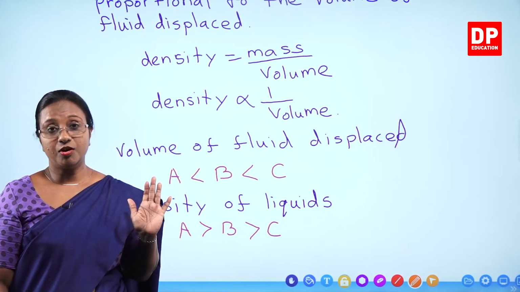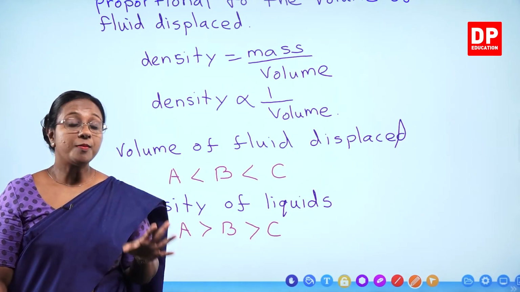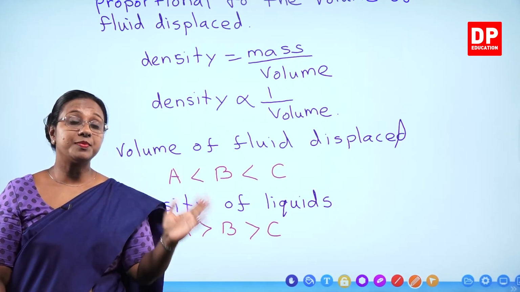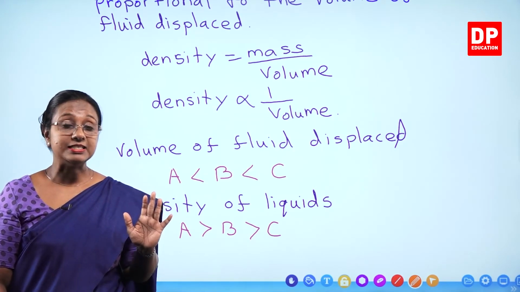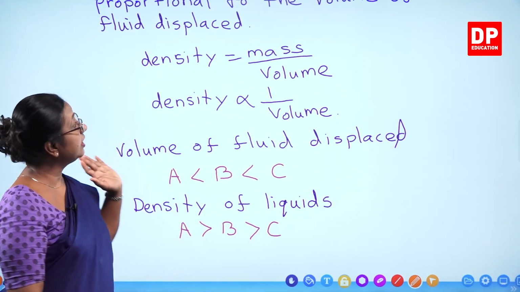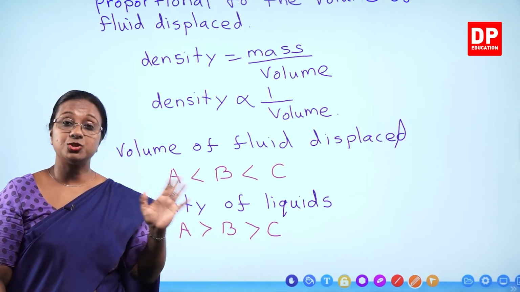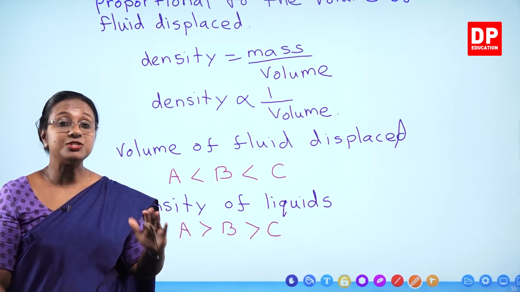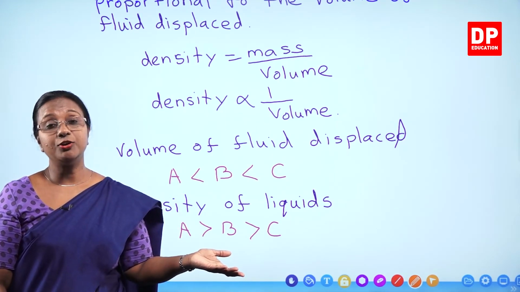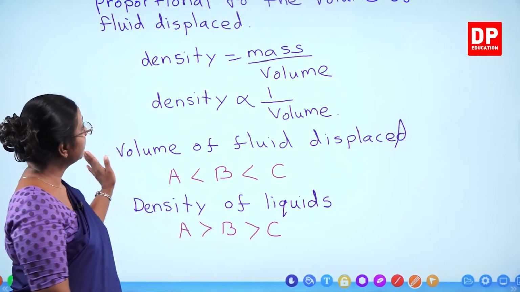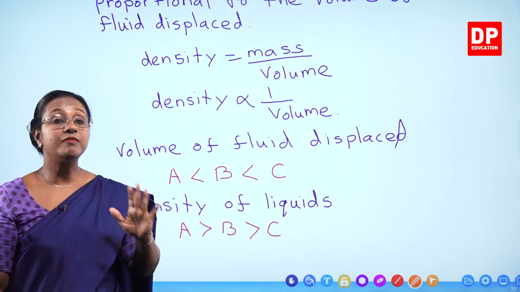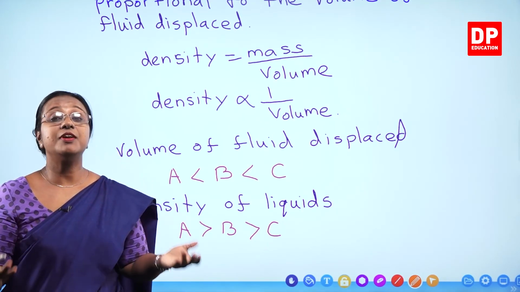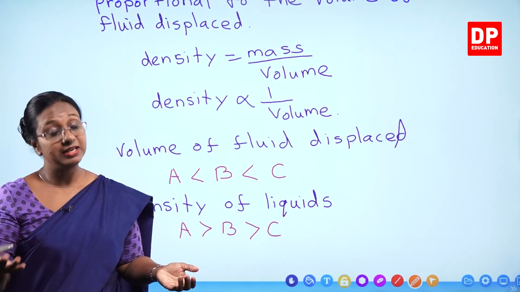Is it clear to you all now? So from the Archimedes principle, upthrust is equal to the weight of the fluid that is displaced. So here the weight of the fluid that is displaced has to be the same, because that has to be equal to the weight of the hydrometer. So in all three instances, upthrust is the same. But in order to provide the same upthrust, different volumes of the fluid are displaced.